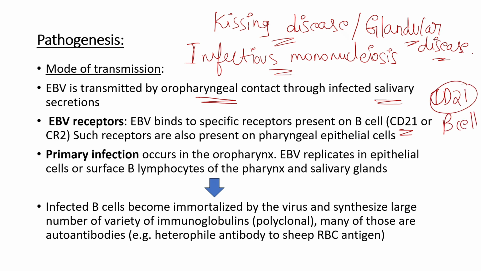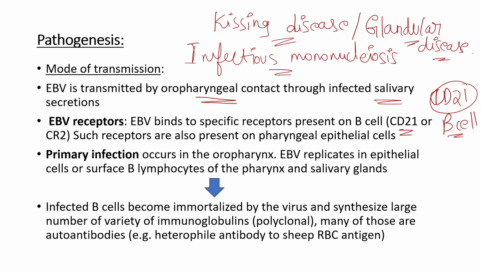Before invading into the host cell, the virus has to attach to the receptor. So this virus attaches to the CD21 receptor of B cell and pharyngeal epithelial cells. After attachment, it replicates inside the epithelial cells or surface of the B lymphocytes of the pharynx and salivary glands.